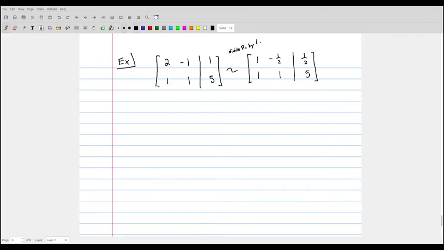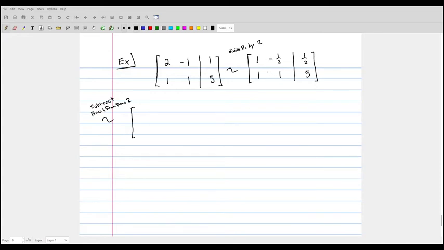We'll divide our 1 by 2. The next row operation we can do is subtract row 1 from row 2.